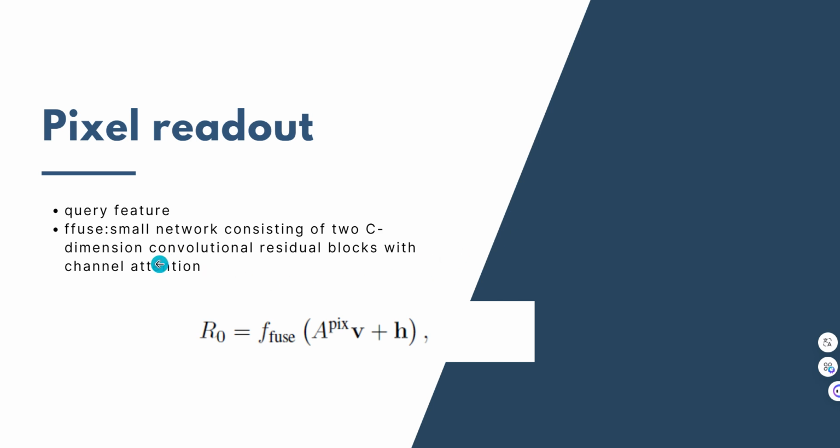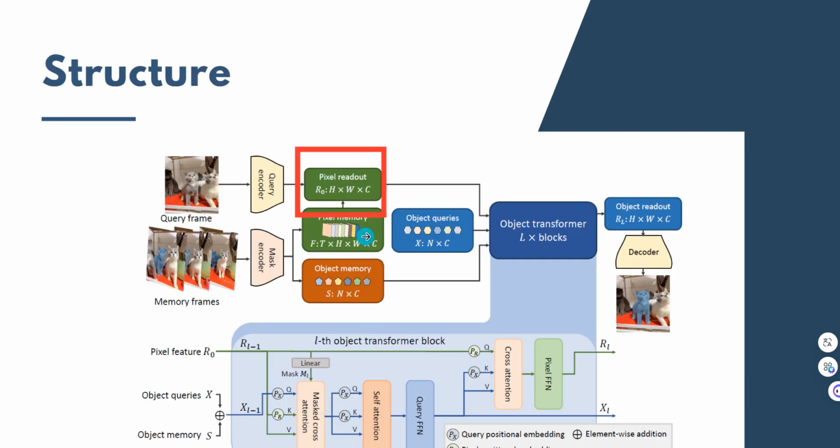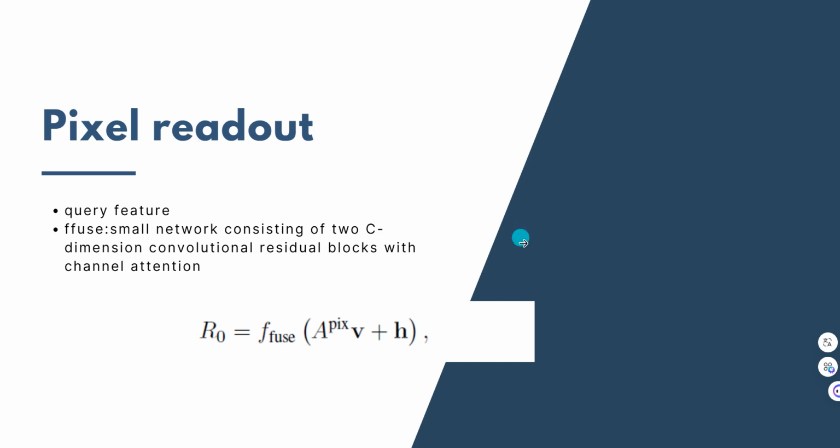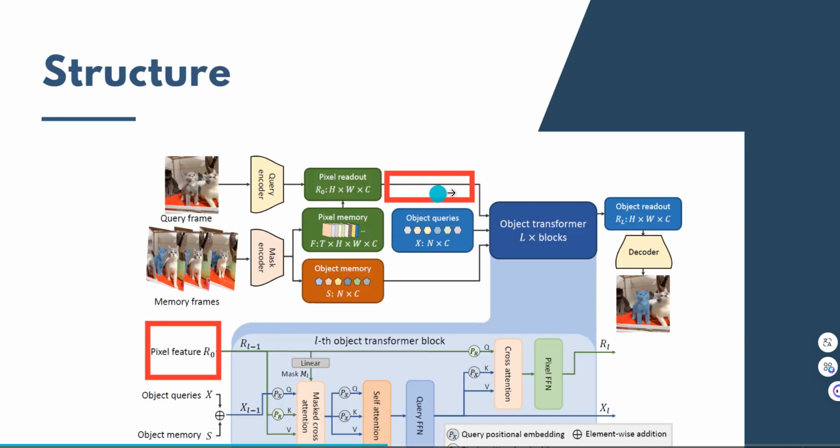FFuse is a small trainable network, and it is based on the previously mentioned parameter A that is needed, because we have a relationship between the pixel memory and the pixel readout. Combining the two of them, we finally get R0, which is this part, the input of the object transformer.